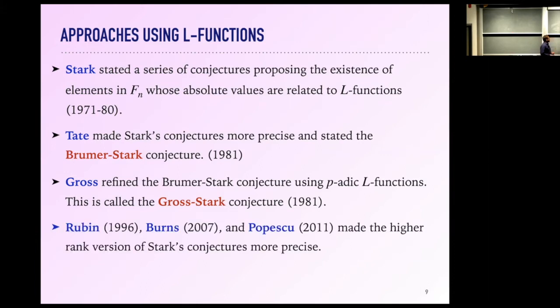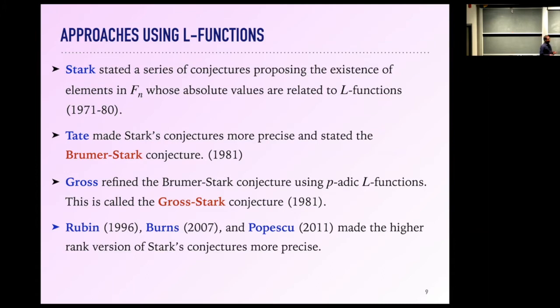And then over the past several decades, really important work of many mathematicians, including Rubin, Burns, Popescu, and others I haven't mentioned here, such as Kurihara and Greither, have made the higher rank version of Stark's conjectures more precise.